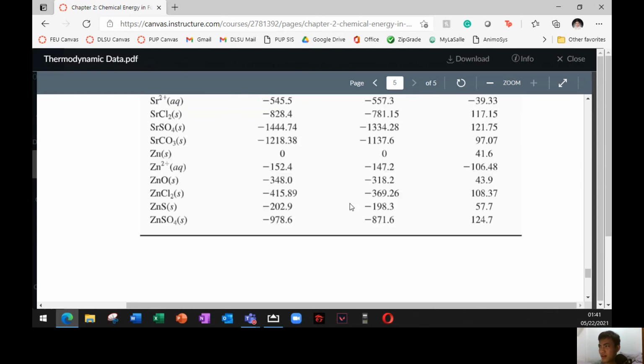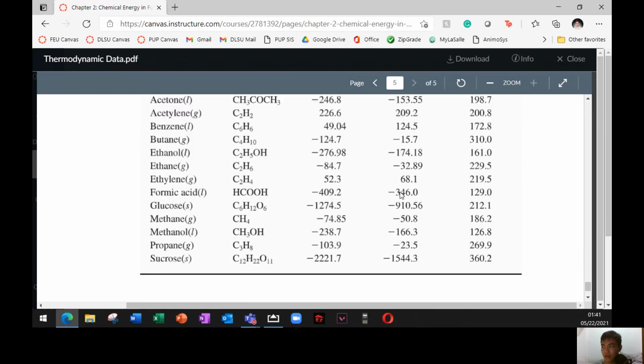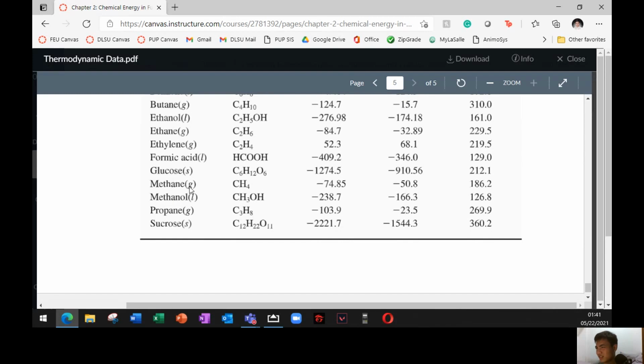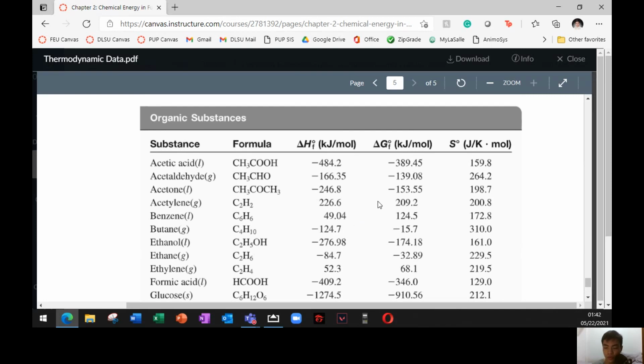So, CH4, asan yung ano? Nasa gitna. Remember, nasa dulo yung entropy. Nasa gitna yung delta G. So, for methane, the delta GF in the gas phase, negative 50.2. Ano unit? Let me check. Kilojoule per mole daw.